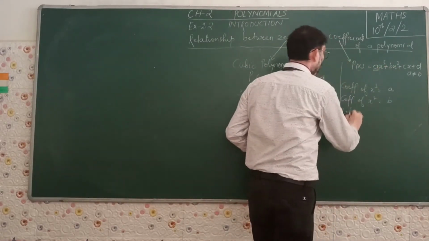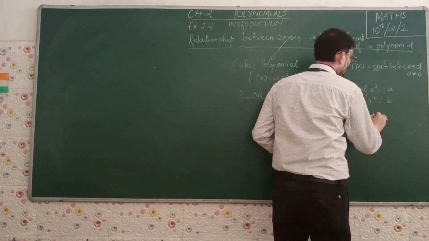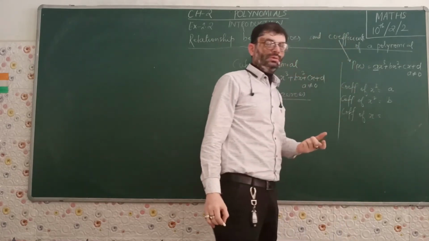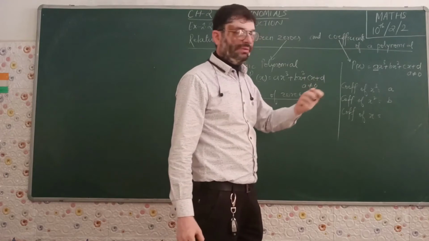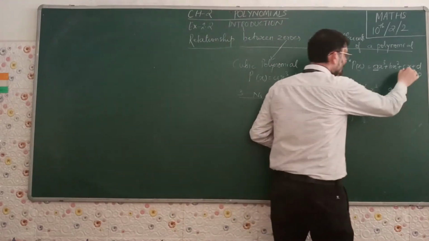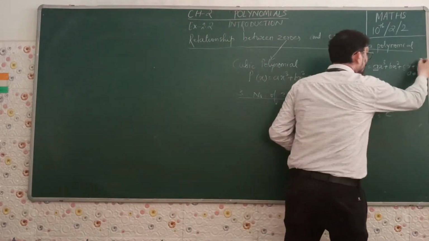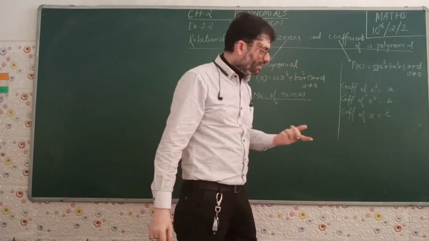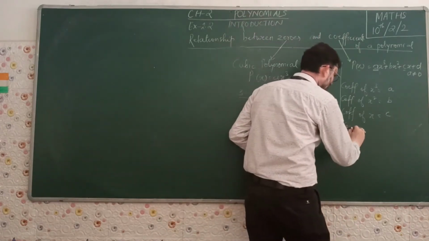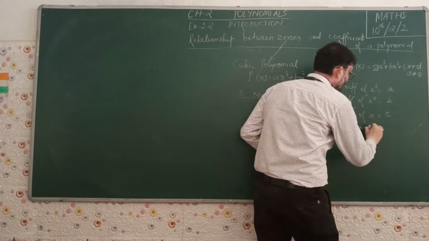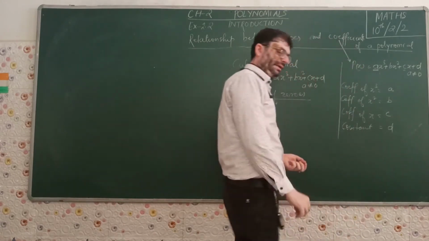Then coefficient of x means the constant value that is with the variable x, and here it is c, and d is a constant. So the constant value is equal to d.